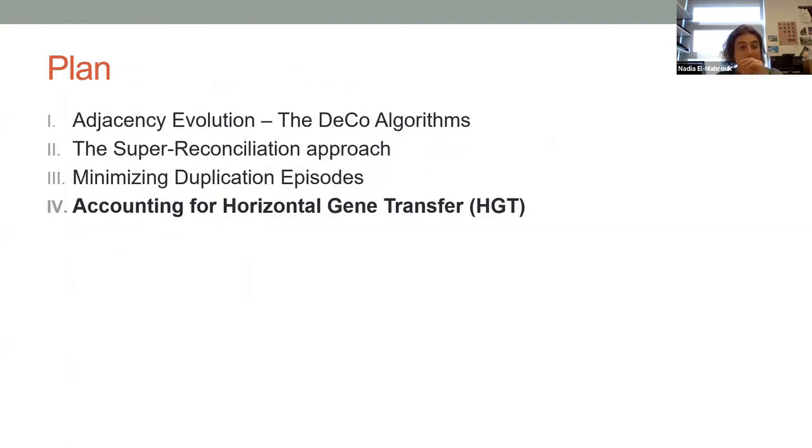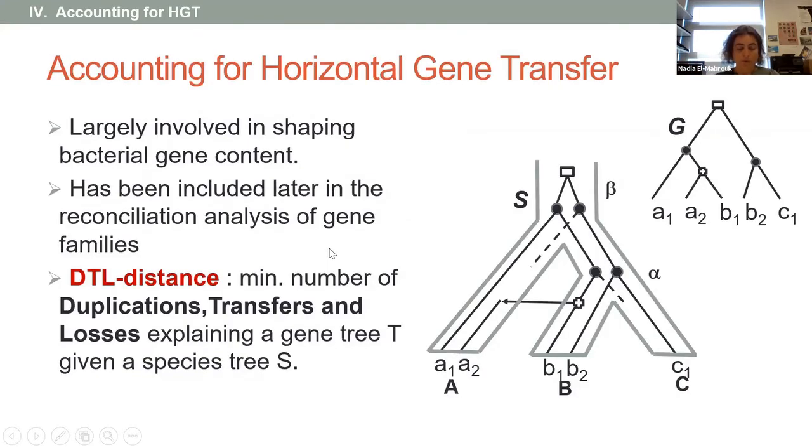Okay, and finally, I will say something about horizontal gene transfer, because until now I just talked about segmental duplication and losses. Horizontal gene transfers consist in the movement of genes from one species to another.